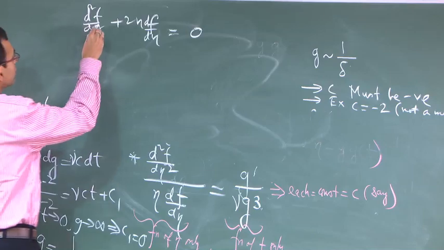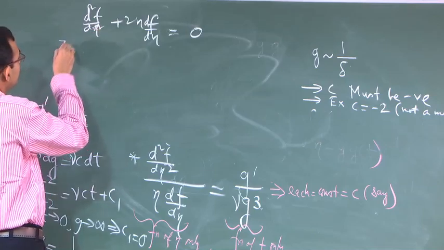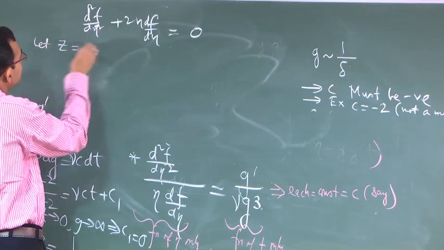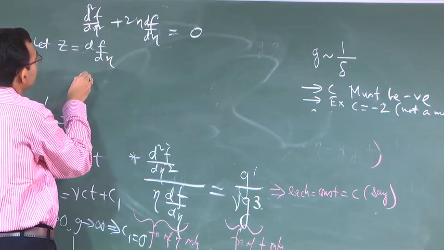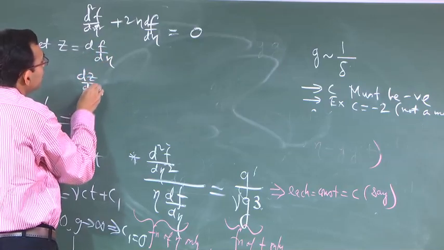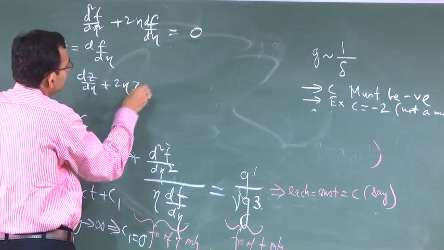So, now you can just switch a variable, say let z is equal to df d eta. So, you will write dz d eta plus 2 eta z is equal to 0.